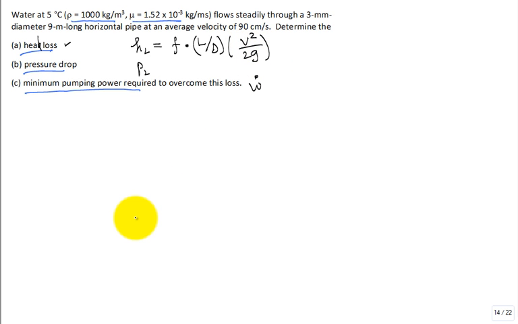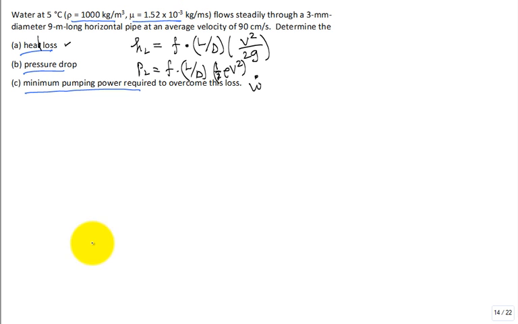If I'm interested in pressure loss, same friction factor, same length over diameter, but I have my velocity pressure or dynamic pressure of 1/2 rho v squared. The only thing that really changes in that last parenthesis is, is it 1/2 rho v squared or is it v squared over 2g?